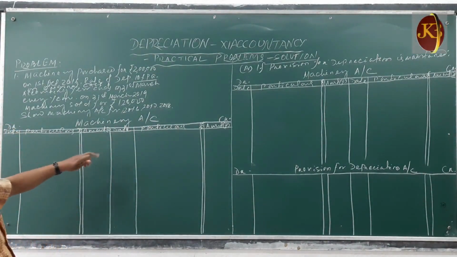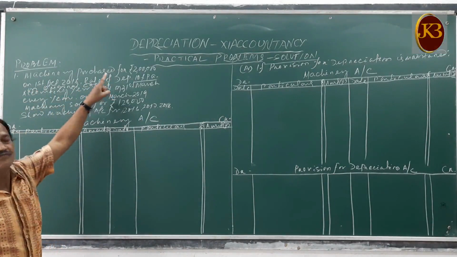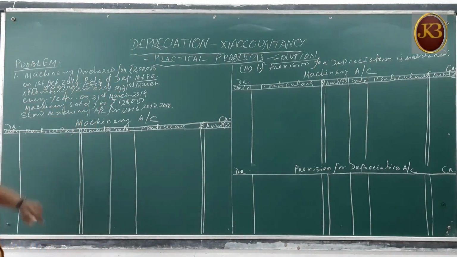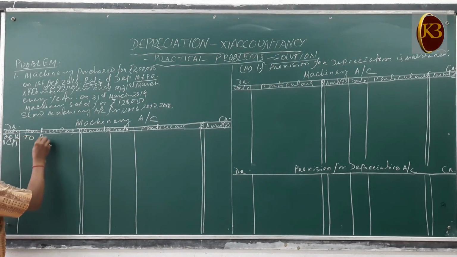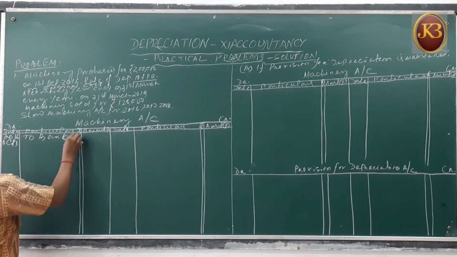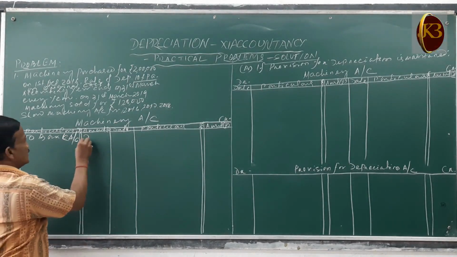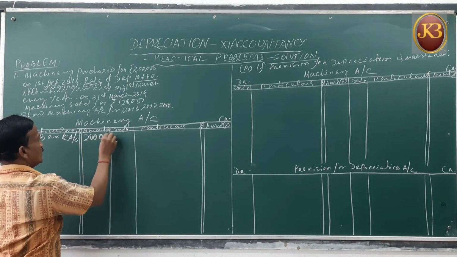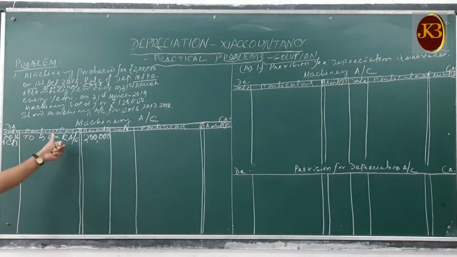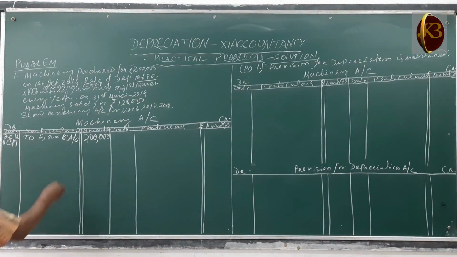Machinery was purchased on 1st October 2016, so on the debit side you write 2016 October 1st, to bank account, purchase of machinery, 2 lakh rupees. So that is the first transaction completed.